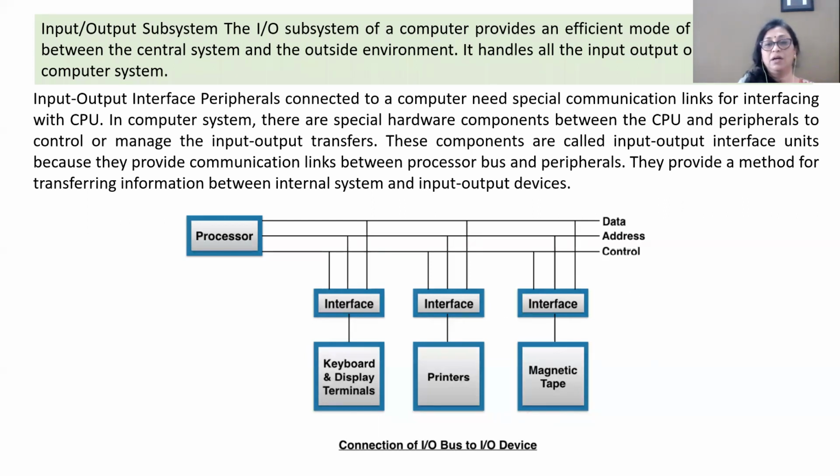Okay. And secondary memory is also treated as a peripheral device. Okay. So here you can see the way in which these peripheral devices are connected to the processor. They are connected with the help of buses: data bus, address bus, and control bus. Between the processor and your input output device, there is an element which is called an interface.